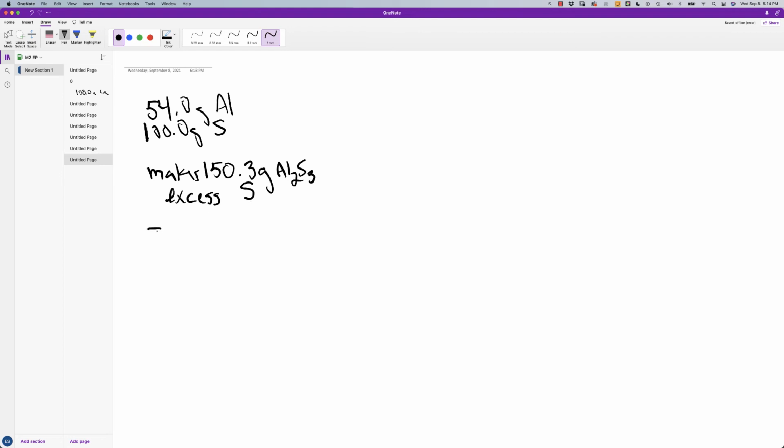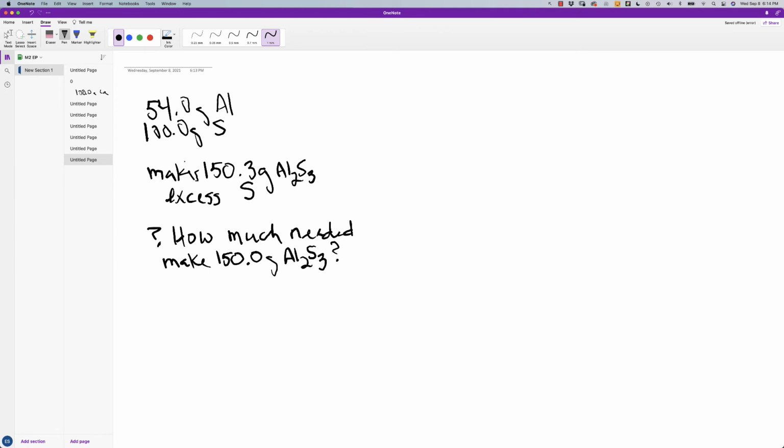We don't use all the sulfur. And they want to know how much is needed to make 150.0 grams of aluminum sulfide. Now, what's the first thing you notice here?